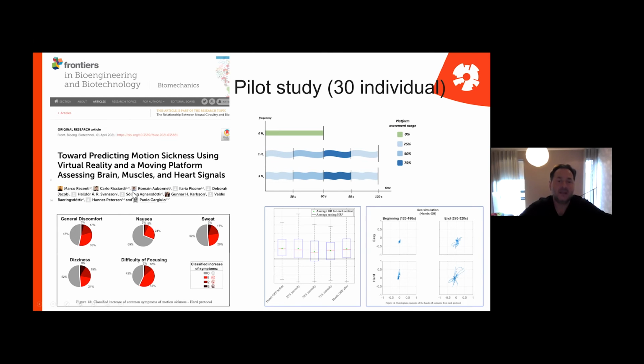And basically, all the people, before starting the experiment, are tested with the motion sickness questionnaire. It's the gold standard to assess motion sickness. So they respond to a standardized questionnaire before and after the experiment. In the experiment, we have a progressive increase of intensity of the wave, and we can select, let's say, a soft protocol and a hard protocol.